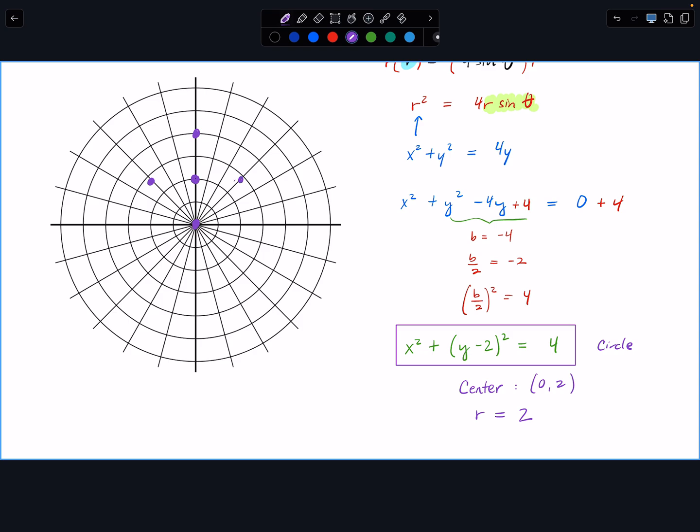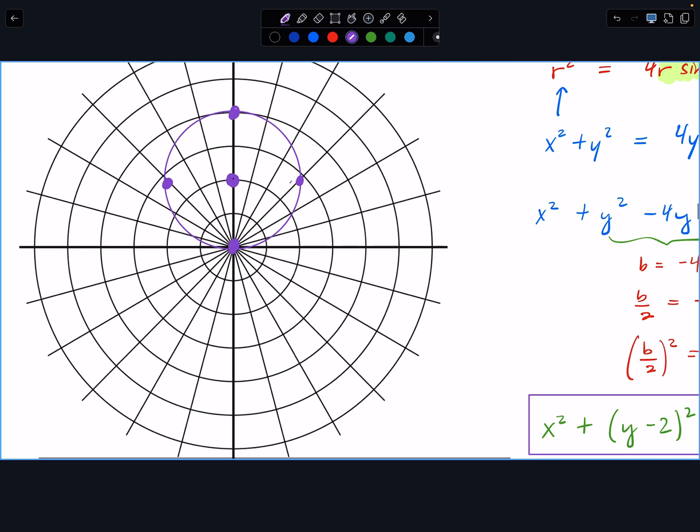Maybe something like that. And then try to draw a circle through those 4 points. It's not going to be perfect, and that's okay. But please don't give me like some trash looking circle like that. That's not a circle.